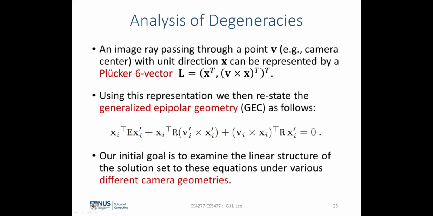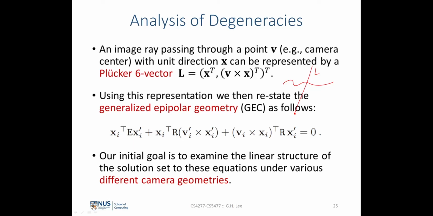So suppose that we have an image ray. In this case, it will be the same general camera. Suppose that we have an image ray, which we call L, with a point that we conveniently chose as the camera center. This was mentioned earlier on when we defined the Plucker line, or the Plucker light ray, that denotes a point in the general camera.